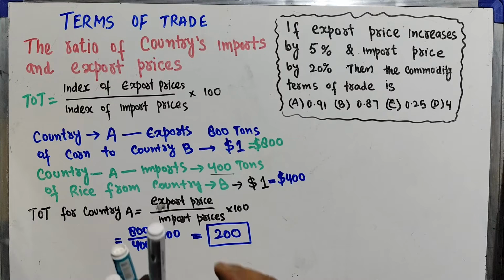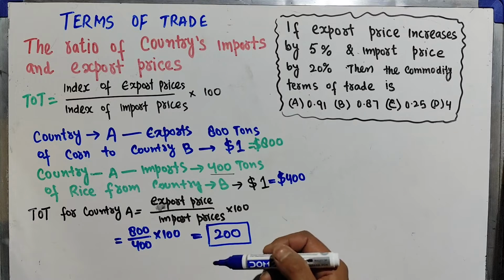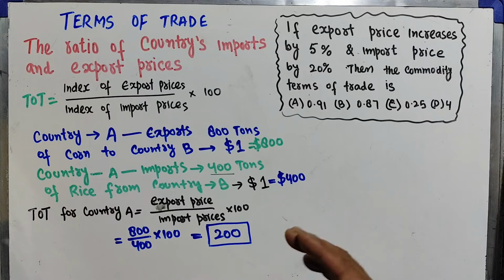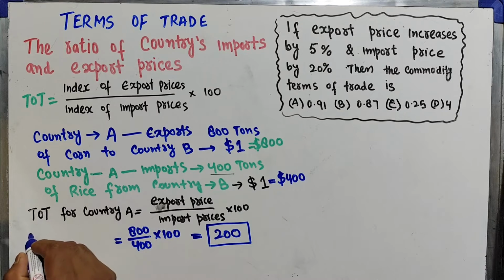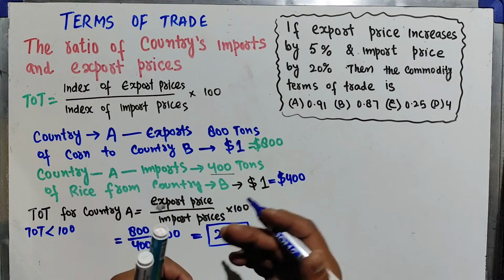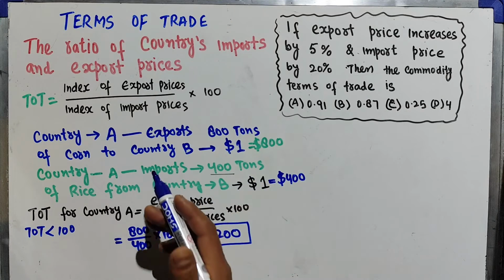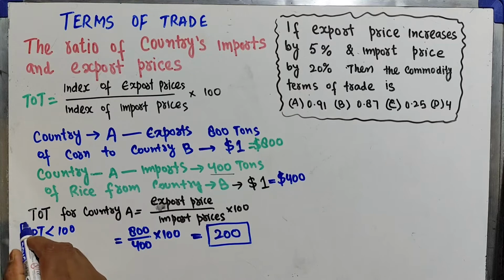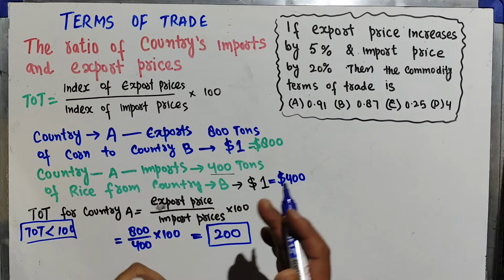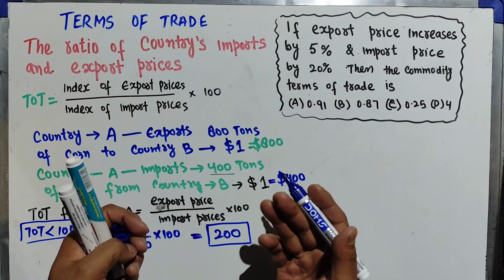Now what exactly does this terms of trade number imply? If terms of trade is less than 100, it implies an unfavorable situation for any country. Why?